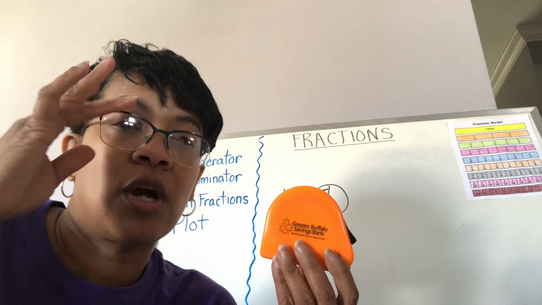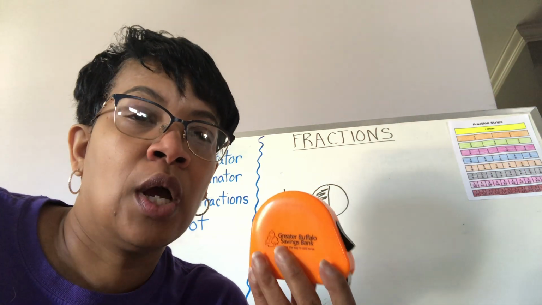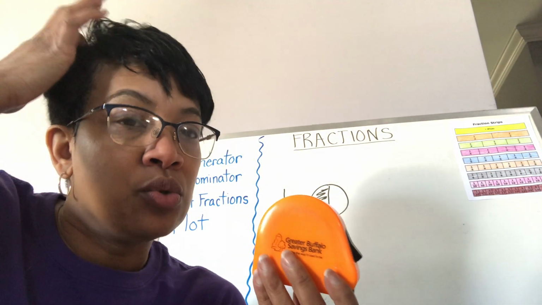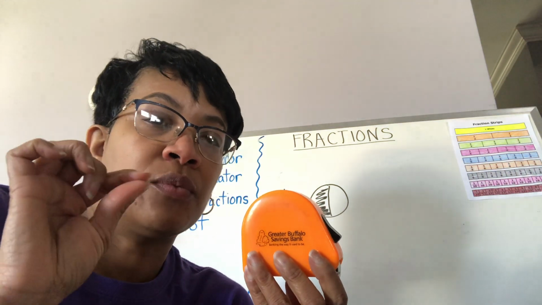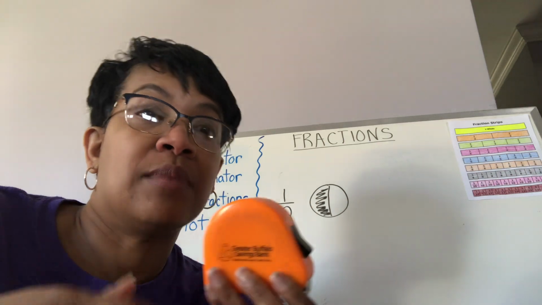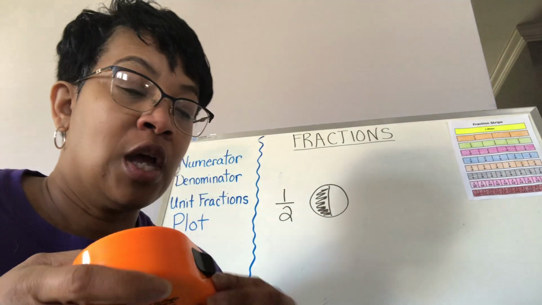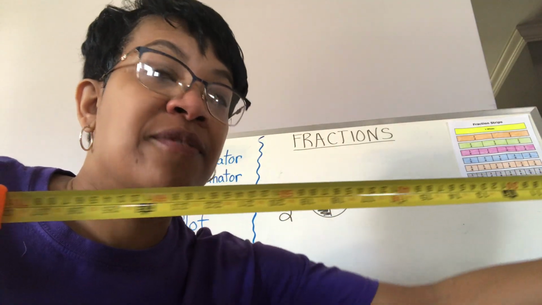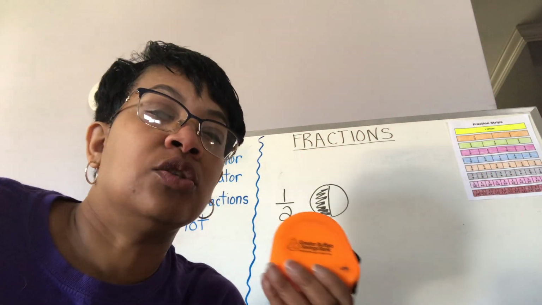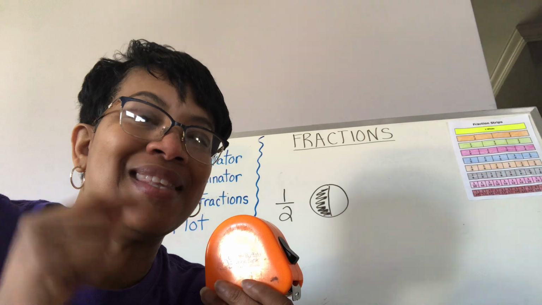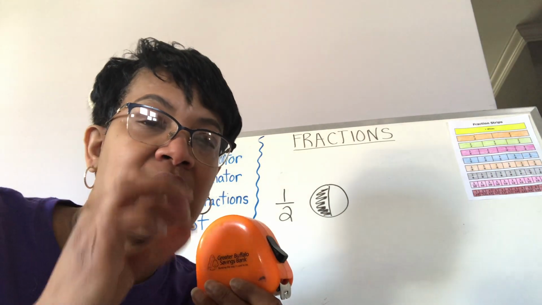Like, for example, if Miss Harling wanted to put blinds up in her windows, I would use the measuring tape to help me figure out the exact measurement of what type of blinds I need to buy. Maybe they're 30 inches long, maybe they're 30 and a half inches long. Whatever the case may be, I know that I can use this measuring tape because it will give me the exact amount that I need to measure.